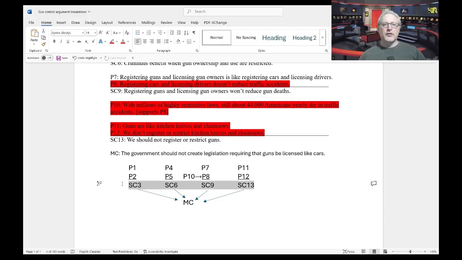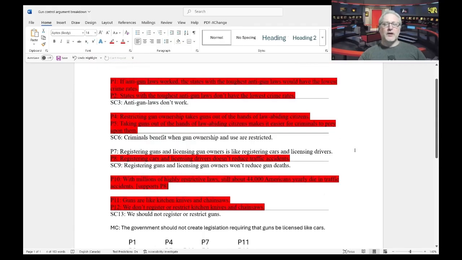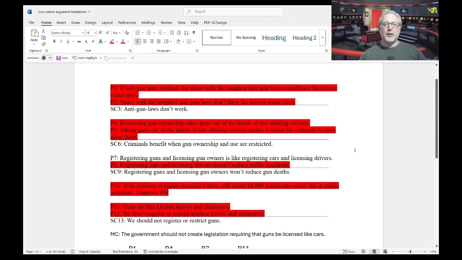In some cases, there can be premises which have subordinate arguments in support of them that don't necessarily need support. What I'm saying is it's possible that one or more of these subordinate conclusions we might be inclined to accept, even if the subordinate argument that supports it isn't very good.